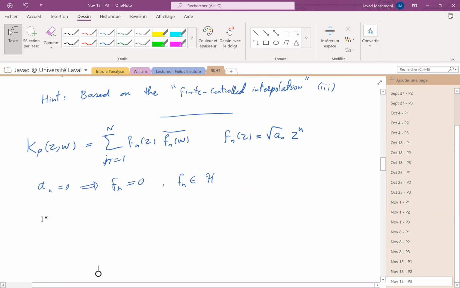But if we consider the set of Fn such that An is not equal to 0, which is the same as the set of Zn such that An is not equal to 0.